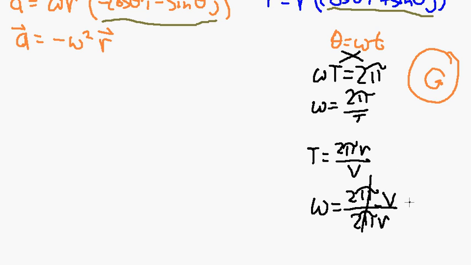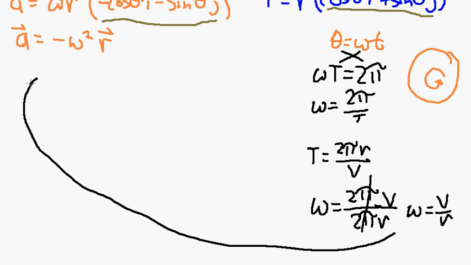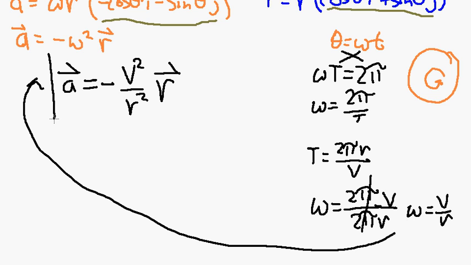So bring all that back up here, and what we get is our acceleration vector is negative omega squared, so negative v squared over r squared times the r vector. This is one equation we can save if we really want to. If we just want magnitudes, we take the magnitude of both sides.